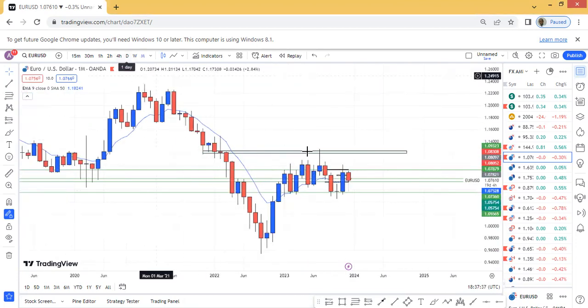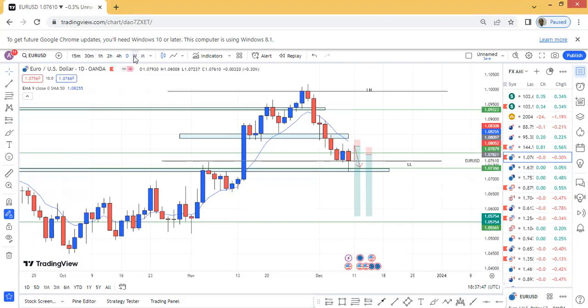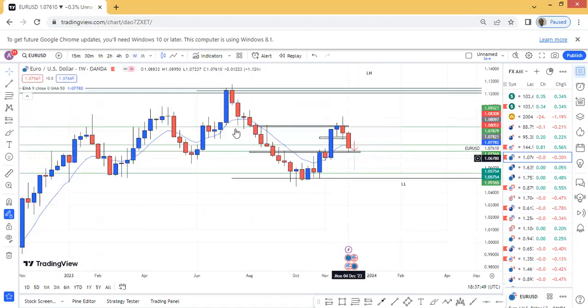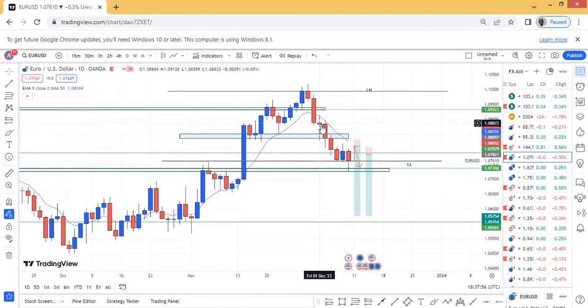And so I anticipated a drop and probably a continuation of the downtrend. And we saw that right from Monday, market started dropping. And we started buying. And the market was good.